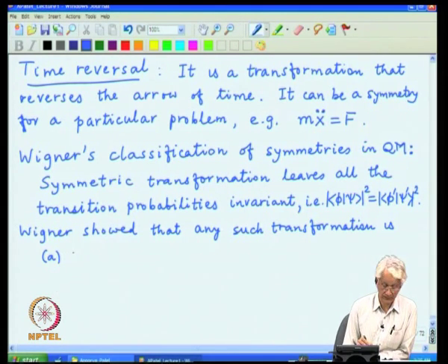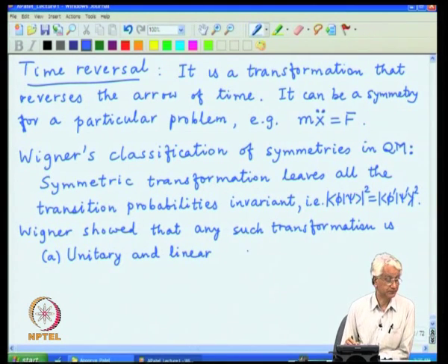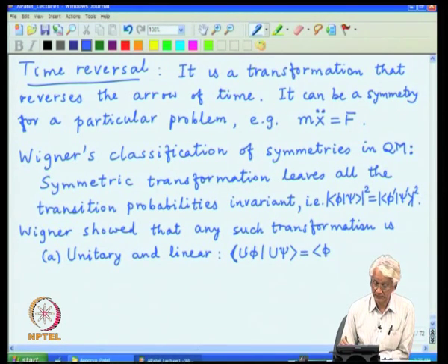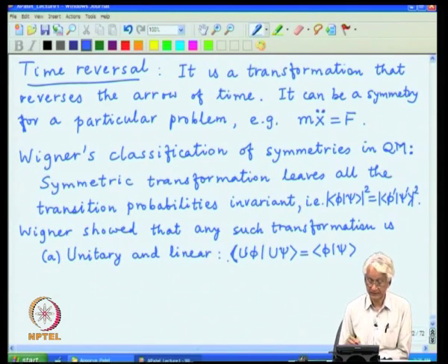One of them is called unitary and linear, which means that phi prime is a unitary matrix acting on phi, and it can be summarized as U phi, U psi is equal to phi psi.